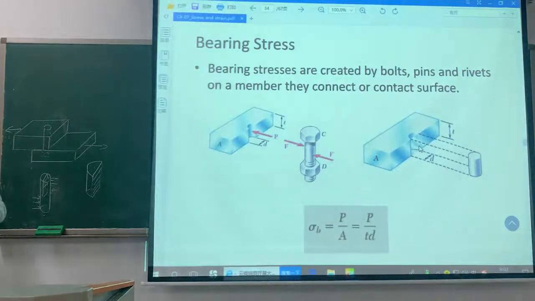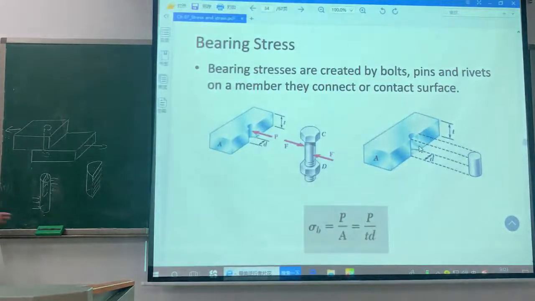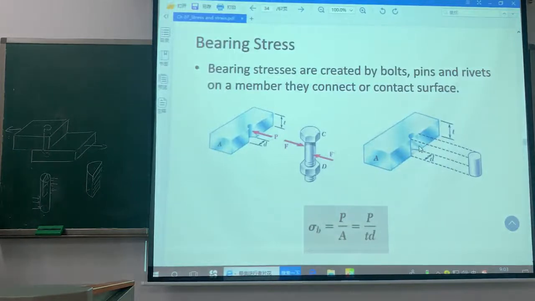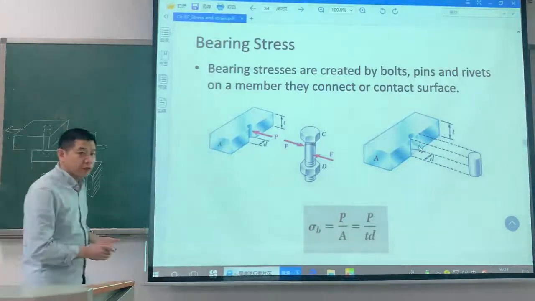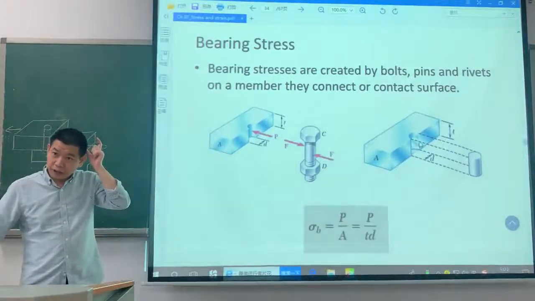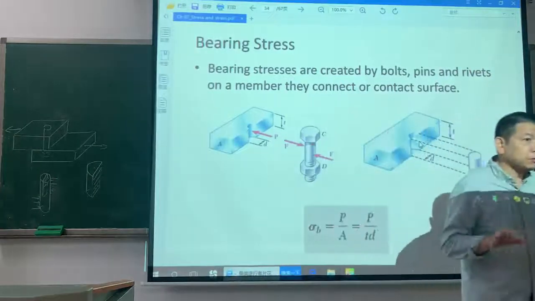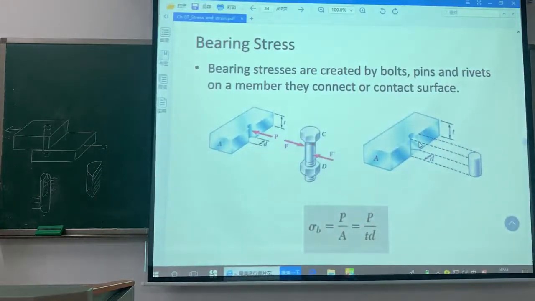So there are two conditions that must be satisfied. One is the shear stress must be smaller than the allowable stress. It means if the stress is much more than the allowable stress, the material will break.